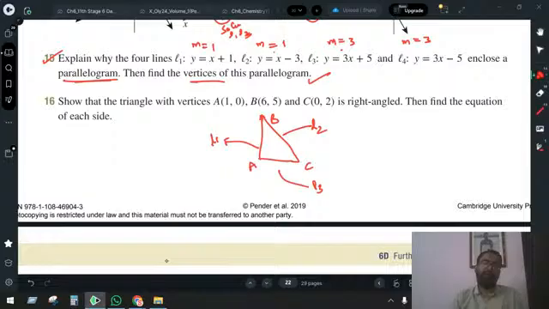If any two lines are perpendicular, meaning the product of their slopes is -1, then it forms a right angle triangle. What is the gradient of AB?